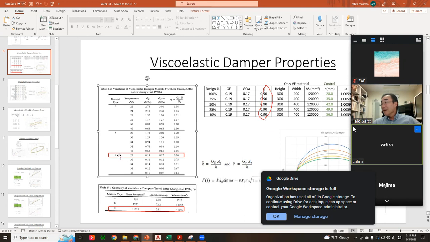Because I want to use these properties. Like, this is a test in this case.